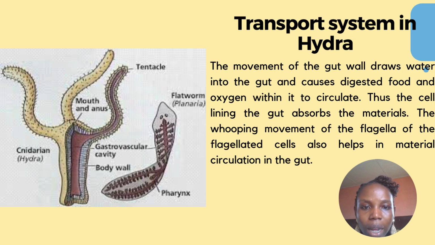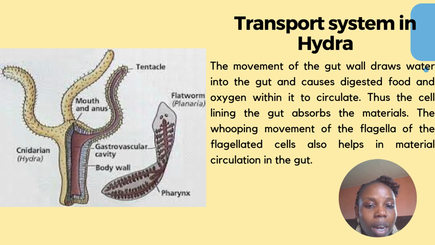Now let's take a look at transport system in hydra. I told you that the hydra is an example of a multicellular organism. So the movements of the gut walls draw water into the gut and cause digested food and oxygen within it to circulate. So immediately water enters into the hydra, it causes the digested food to circulate around the body of the hydra.